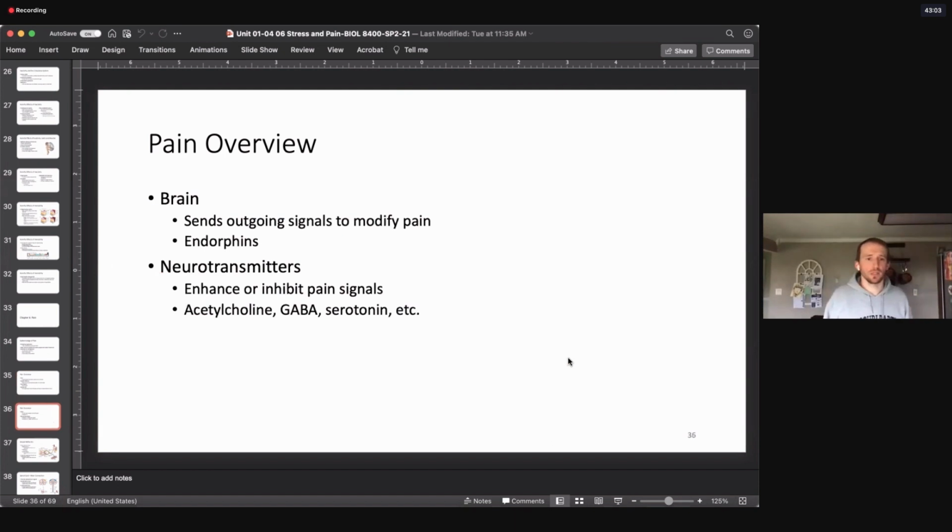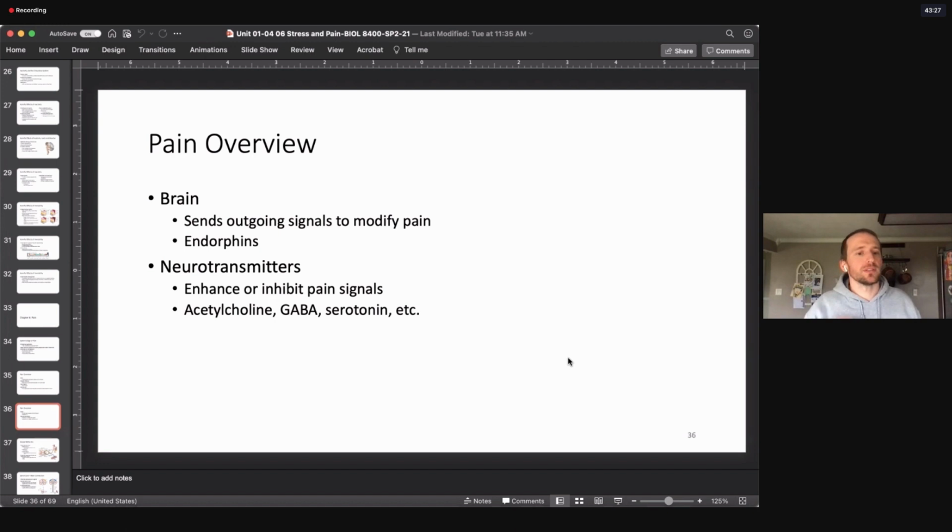What does the brain do? Well, the brain does everything, mostly. But once it receives that pain message, it can evoke a response, but it can also send messages to modify that pain, depending on what other information is coming in. And one of the ways it does this is it stimulates production of endorphins, right? The body's natural painkillers.